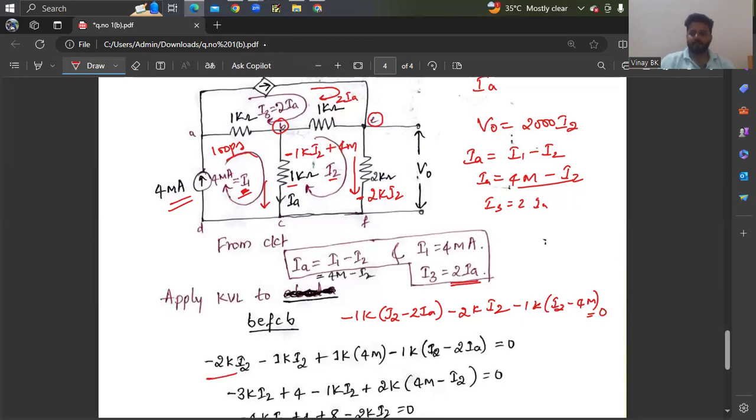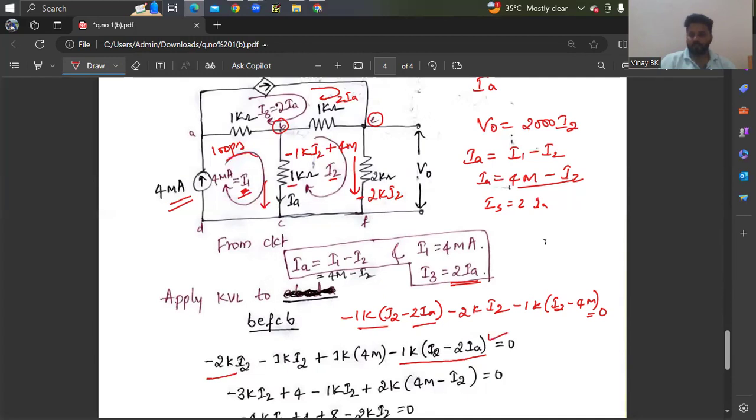Therefore minus 2K, then minus 1K into I2 minus I1, plus 2K into IA.